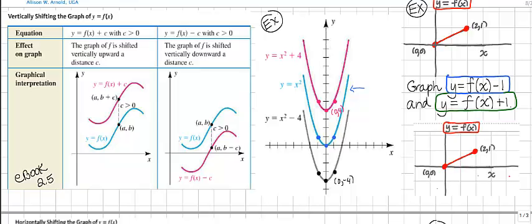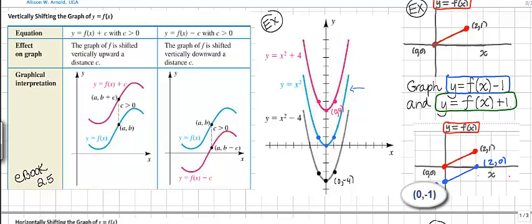That means you are affecting the y coordinates. So if I shift the graph in red down 1, because I'm subtracting 1, the point (0, 0) would become the point (0, -1). The point (2, 1) would become the point (2, 0). And I would draw the line segment accordingly.